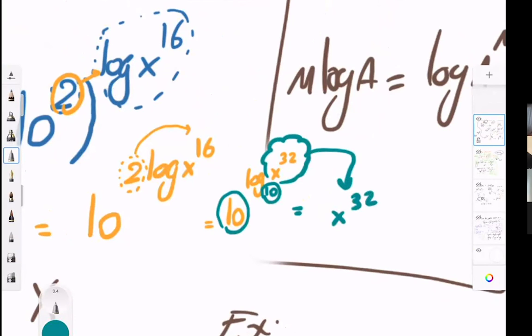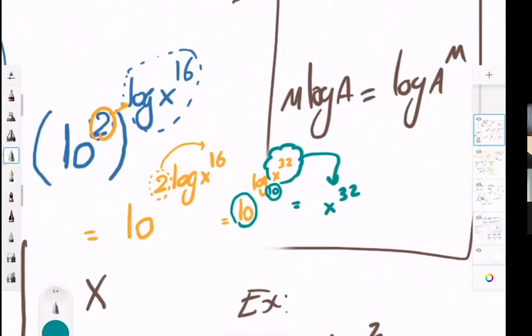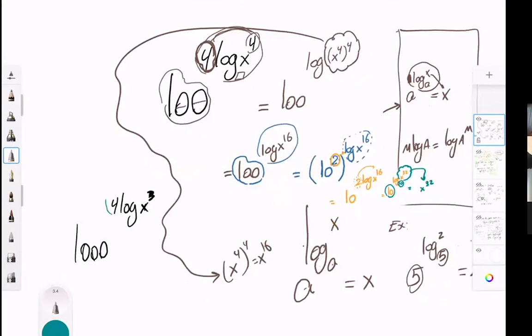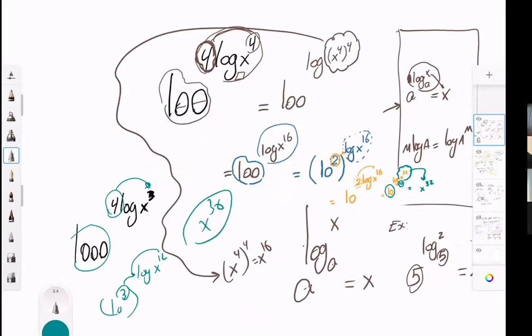Okay. So you have the same thing with 1000. So move this one over here, correct? It will be x to the power 12. This will be 10 to the power of 3, to the power of log of x to the power 12. 3 is going to go there, and it's going to be x to the power 36. Got it. Okay.